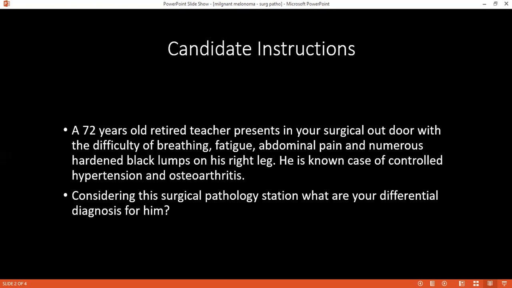If it's 0 to 1 mm thickness, we go for a 1 centimeter excision margin. If it is 1 to 2 mm, we go for 2 centimeters, 2 to 4 mm, 3 centimeters, and if it is more than 4 mm, 3 centimeters. When considering Breslow thickness and Clark's level, which one is more reliable? For excision, I think Breslow is more reliable.